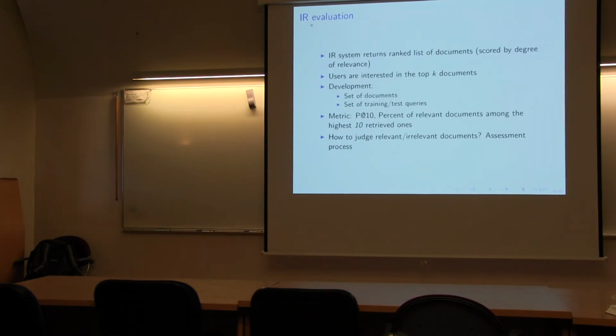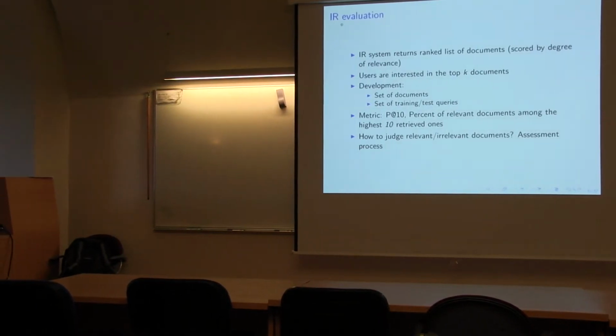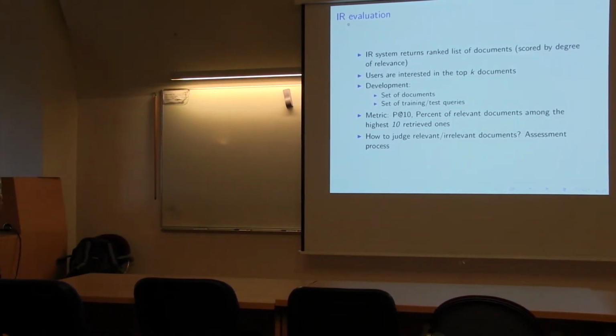So for evaluation, each IR system returns a ranked list of documents, and users are usually interested in the top K documents. For development, when we want to evaluate an IR system, we have some set of documents, and we have some training and test queries.